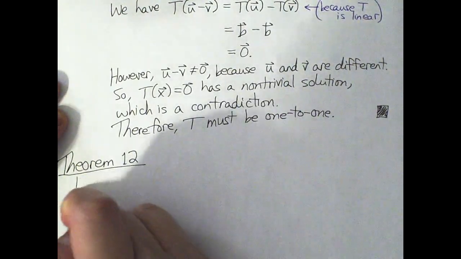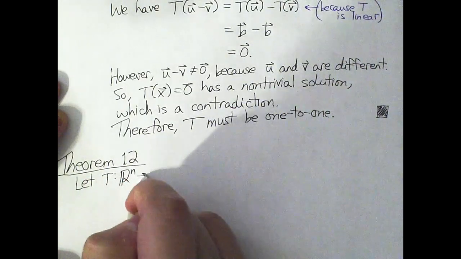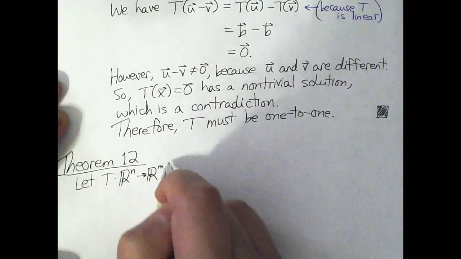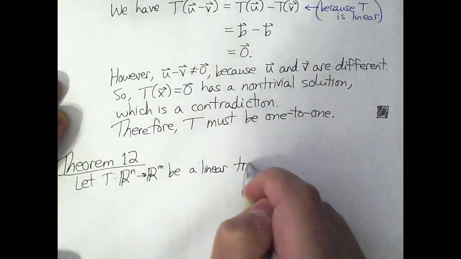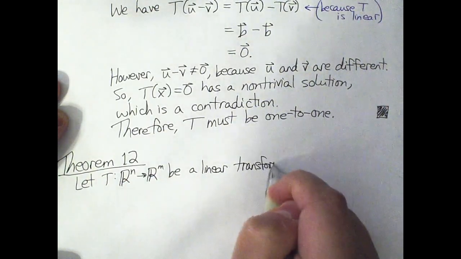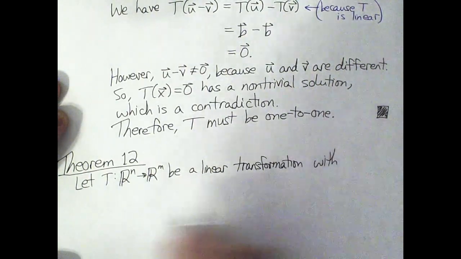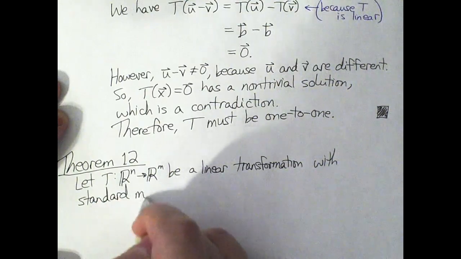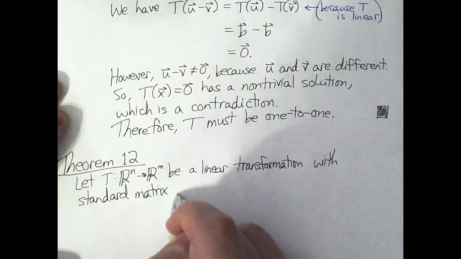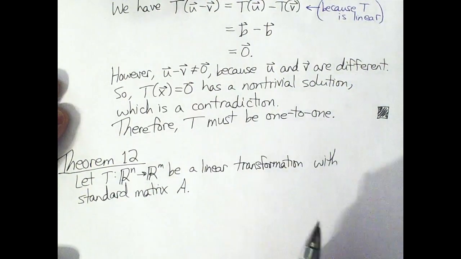So theorem 12, let T from Rn to Rm be a linear transformation with standard matrix A. We know that that matrix exists. We know what that means.